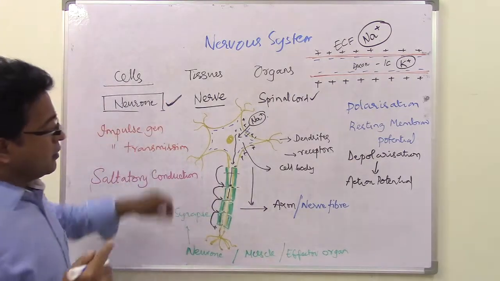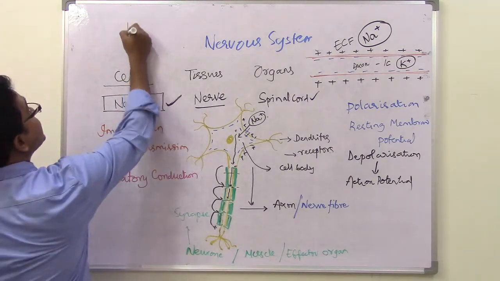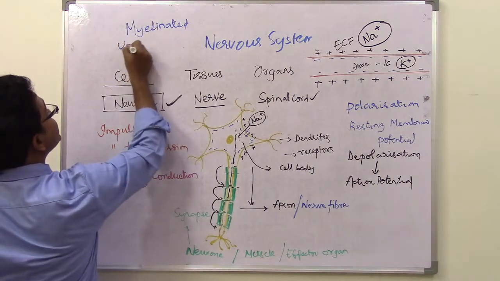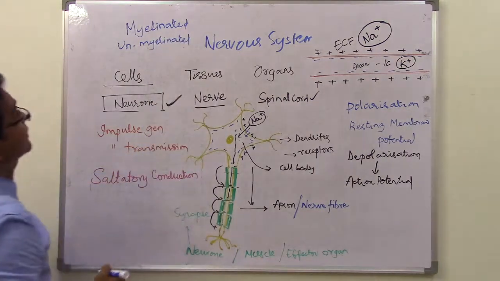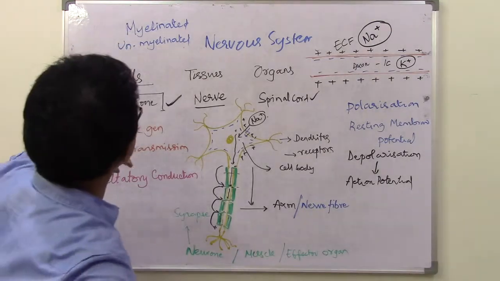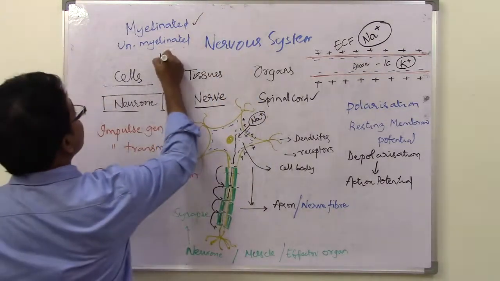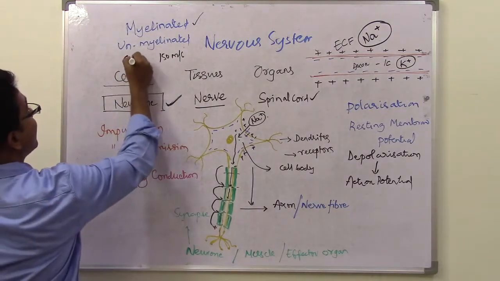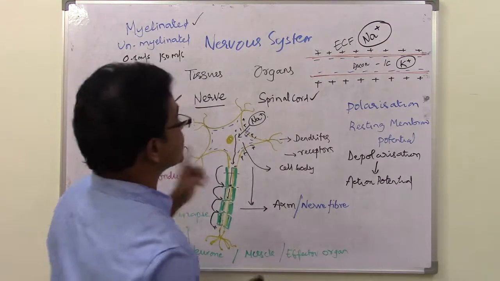So there are two types of axons or nerves: one is myelinated and the second one is unmyelinated nerve fibers. In which kind of nerve fiber is the conduction fast? Myelinated is always fast, almost 150 meters per second, whereas unmyelinated is very slow, hardly half a meter per second.